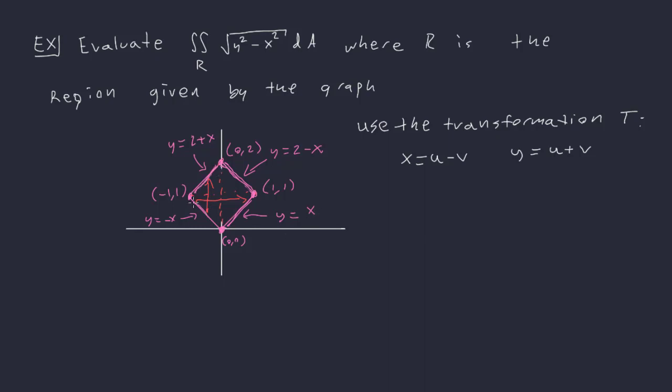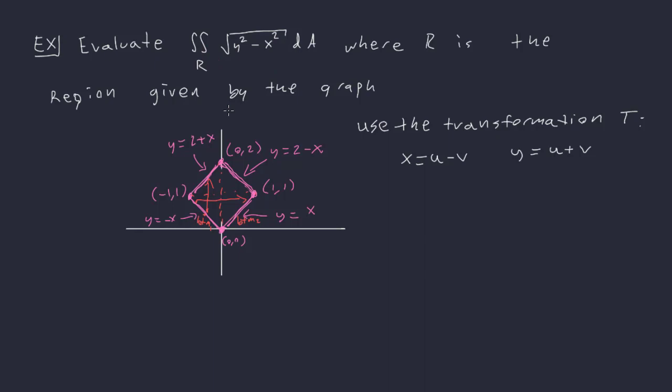What would happen is on this side, this line is the bottom, but when we move past this point, this line becomes the bottom. So we're going to have to set this up with two integrals. And not only that, this integrand is not going to be that easy to do.